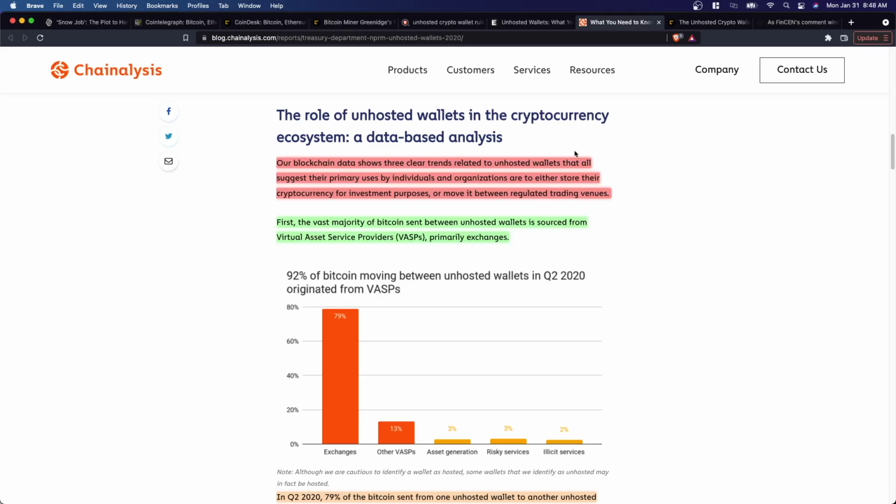So this kind of serves as a counter to the government's narrative for why they really want to push this rule with the KYC, AML, and all these other requirements that it would call for. They are proposing that under the guise that it would help stop terrorism and keep track of illicit funds and money laundering. But as we can see here, the on-chain data clearly states that the main purpose for these unhosted wallets is for either investments or moving between regulated trading.